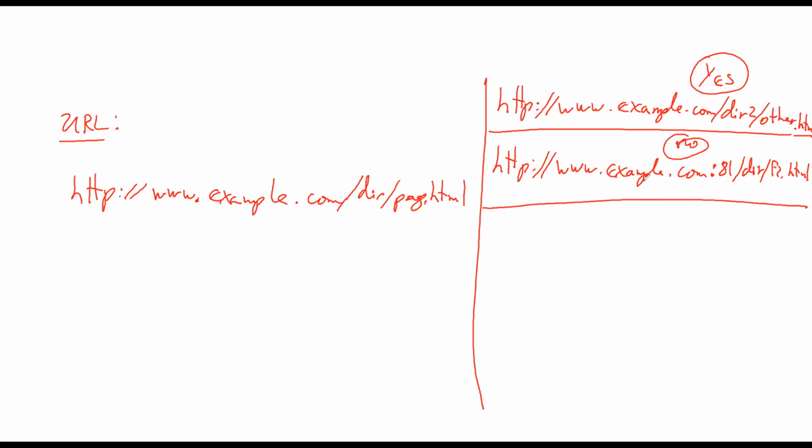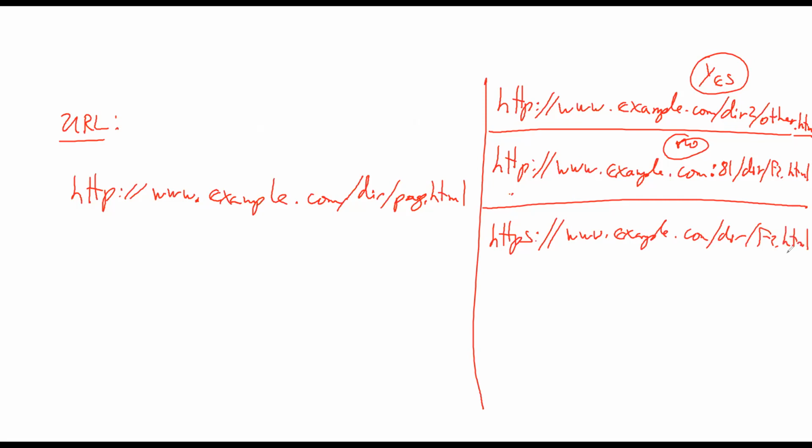So let's just say no, not same origin. The browser will not allow this to access the other one. So no accessing the DOM, no accessing through JavaScript the cookies or anything of the page. Let's try another one. HTTPS www.example.com dir f2.html.